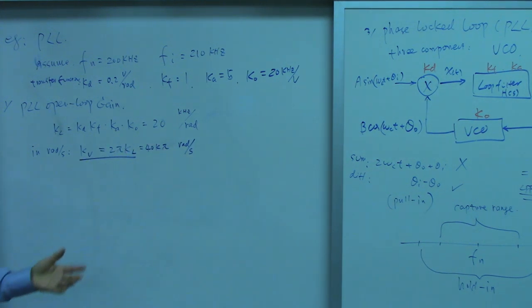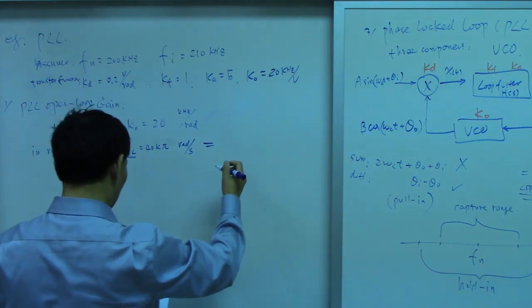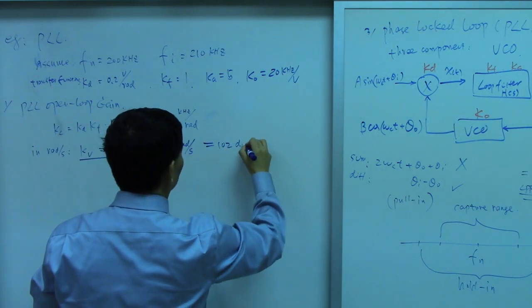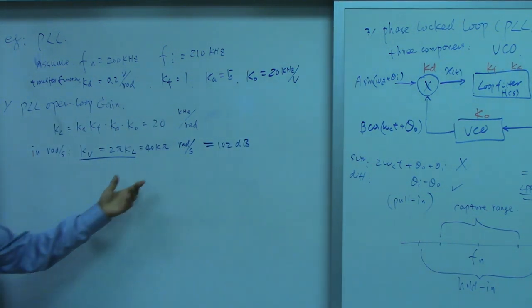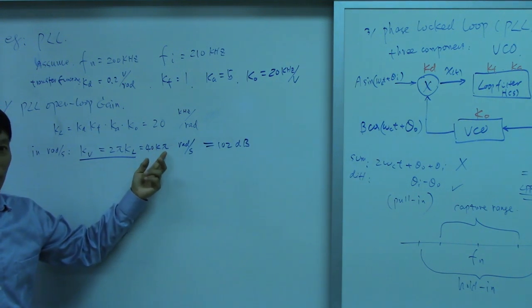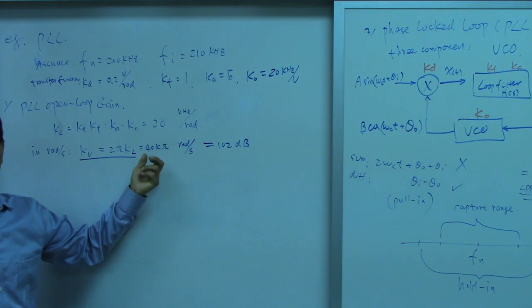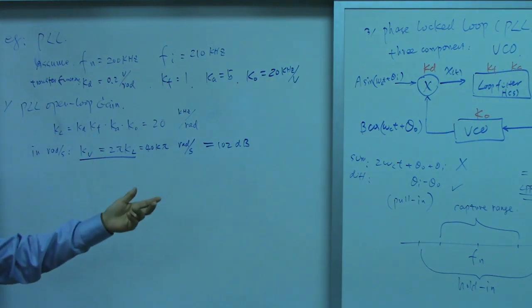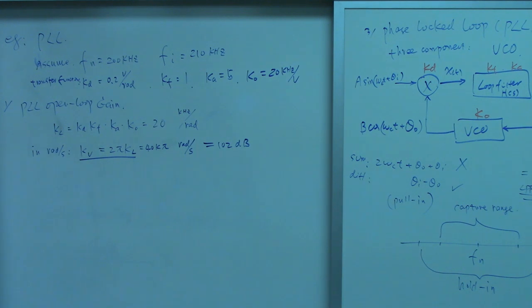We can convert this one into dB, and it equals 102 dB. What we do is multiply this K by pi, which equals 3.14, then take the log base 10, then times 20, because we are talking about voltage. That gives us 102 dB. So that is the first one.